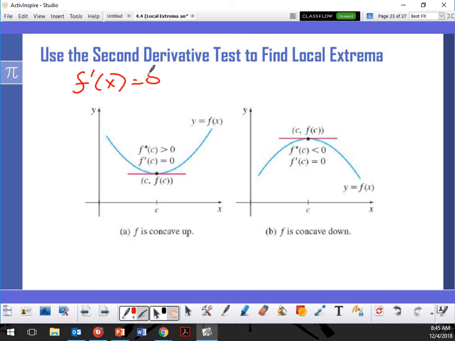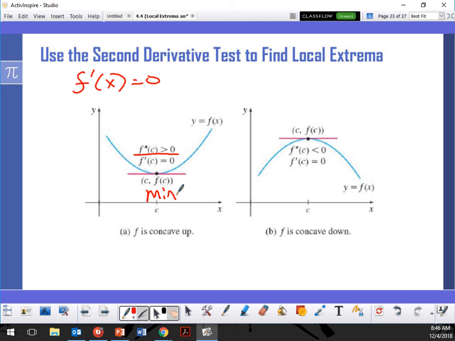Then we're checking for concavity at those points. Let's say x is the c value. If I plug that number in and it's positive, positive is concave up, like this with your finger. That means down there, that's going to be a minimum. This is going to be a min at that point.